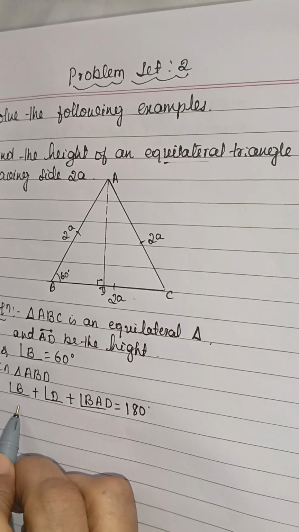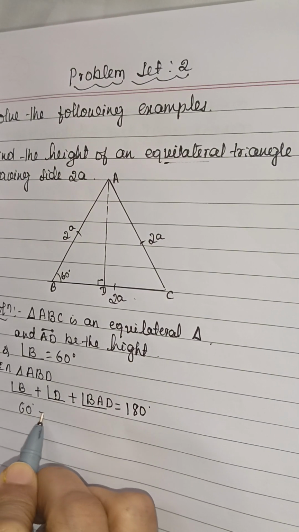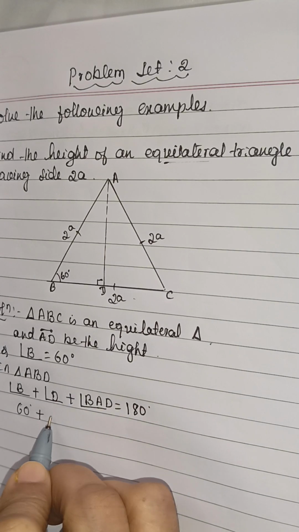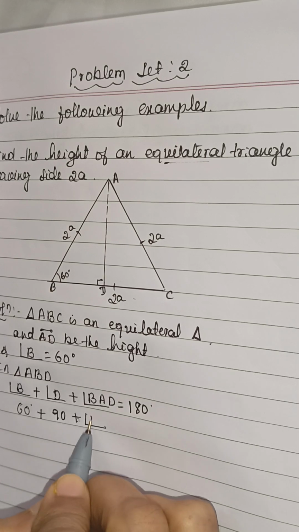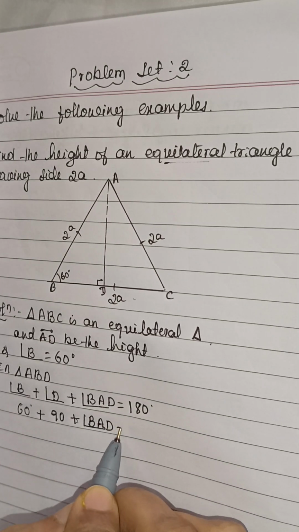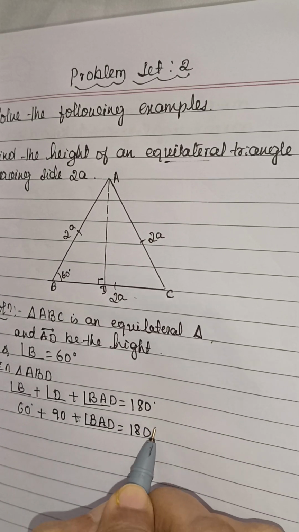So angle B is 60 degrees plus angle D is 90 degrees, plus angle BAD, which we don't know, total is 180 degrees.